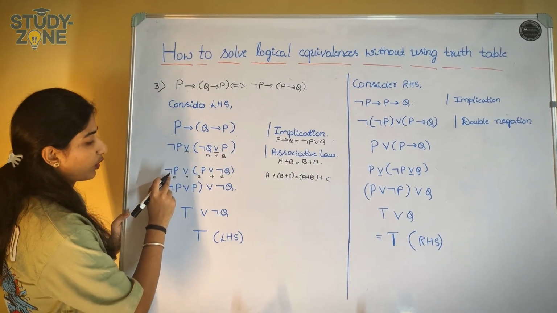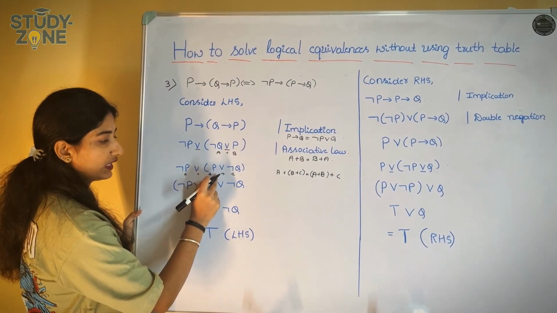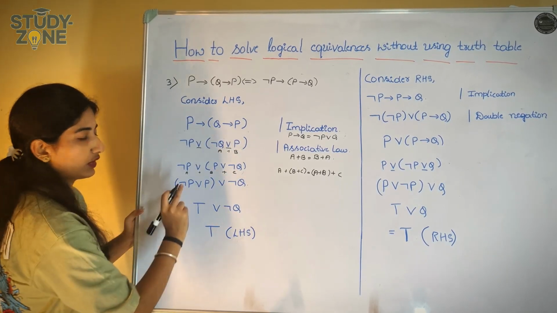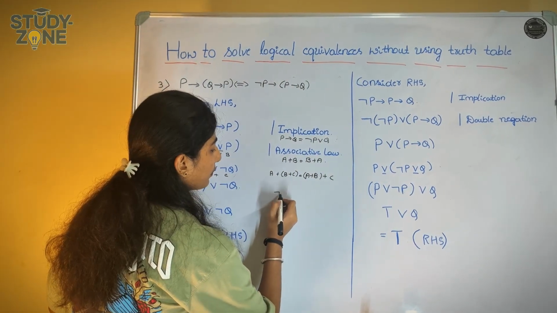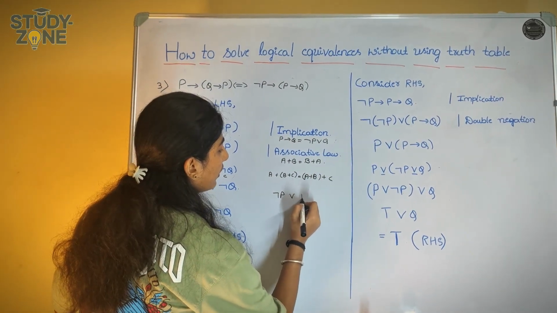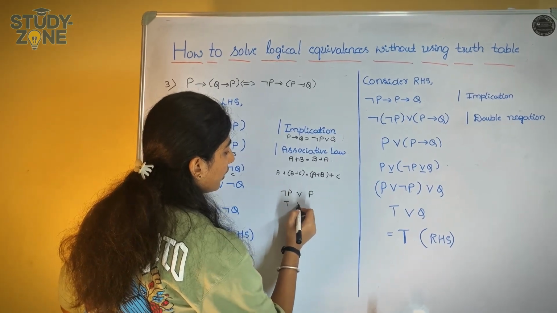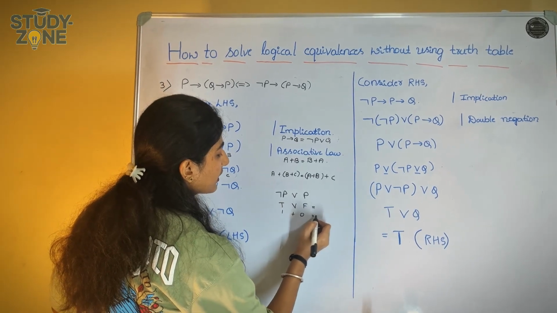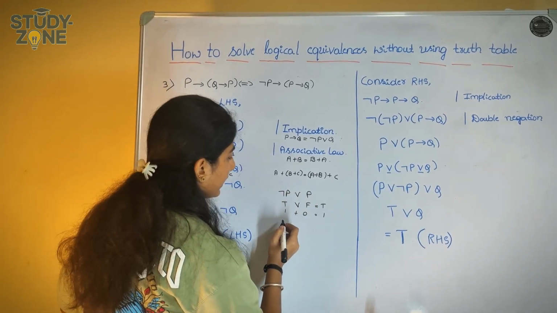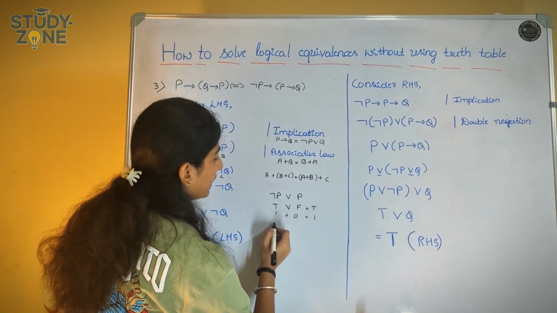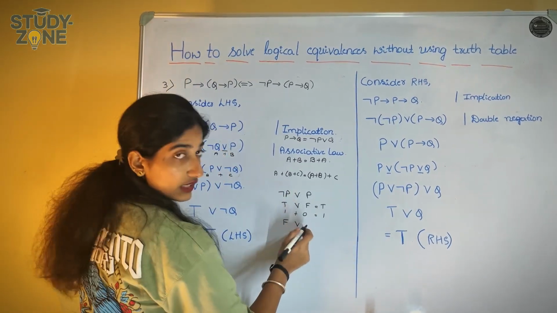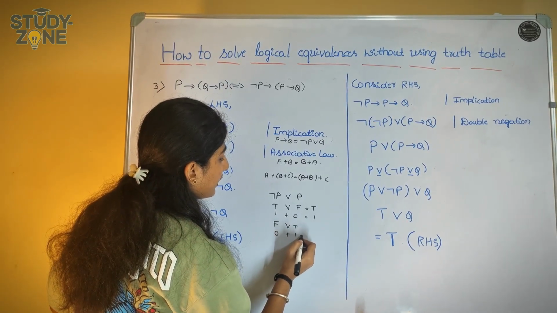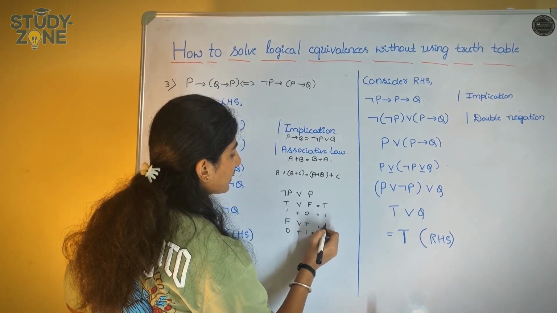So what we can write is not P or P, bracket, or not Q. Here let us take not P or P. True or false will be 1 plus 0 is 1, so true. And then let us consider here not P is false and P is true. So 0 plus 1 will also be 1, that is true.